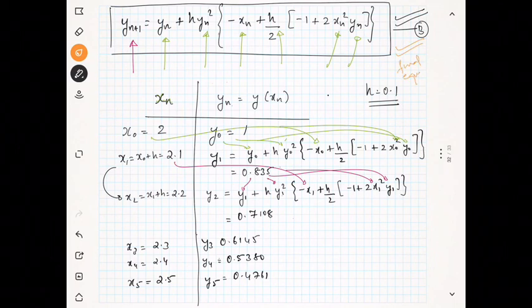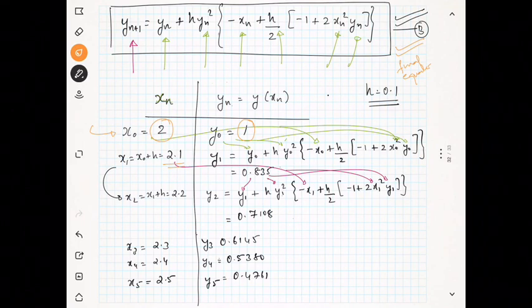After getting the final equation, you will start with x naught, because for x naught equal to 2, you know what y naught is. After that you will find x1. What is x1? x1 is nothing but x naught plus h, the next point in x, which is 2.1.